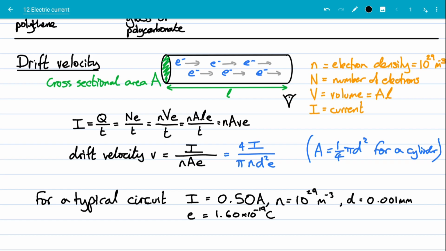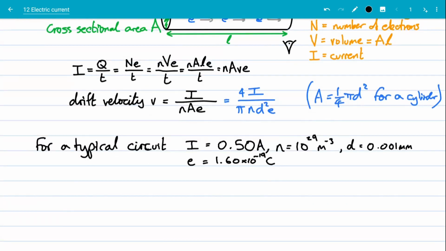Don't worry about the sign on that. So we can take those data and plug it into our equation. So V would equal 4 times 0.50 divided by pi, also divided by 10 to the 29, also divided by, why have I written that in millimeters? That's about a millimeter.